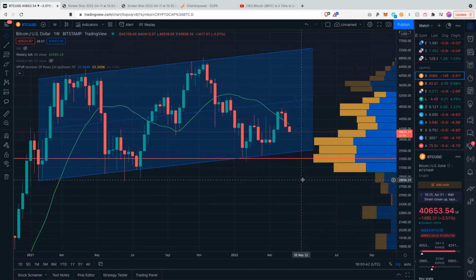I do think, though, that it's important to keep the macro perspective in mind. I mean, this is why I always have this channel up, because what it reminds us is that despite this pretty substantial downside potential here, we could go back down to 35K and still remain in this channel. As long as we do that, the macro picture arguably remains unchanged. We're in an upward sloping channel here, and that remains intact, and there's plenty of leeway before there are any questions raised about that.